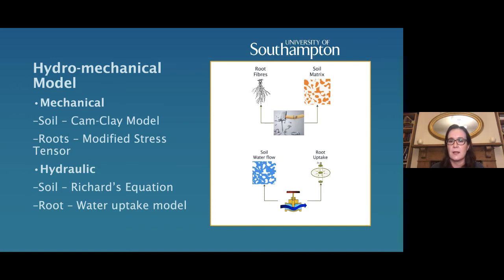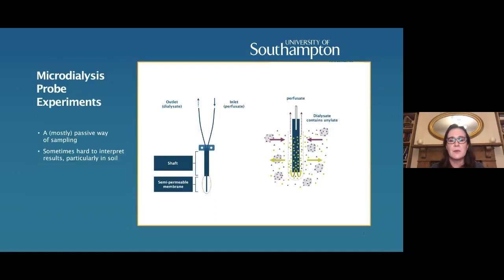The next bit I want to talk on, on a sort of slope or field scale, is use of microdialysis probes in experiments. So microdialysis probes are a little sampling technique for determining what's happening in soil pore water. We send in dialysate and perfusate and then measure what's coming out of it.